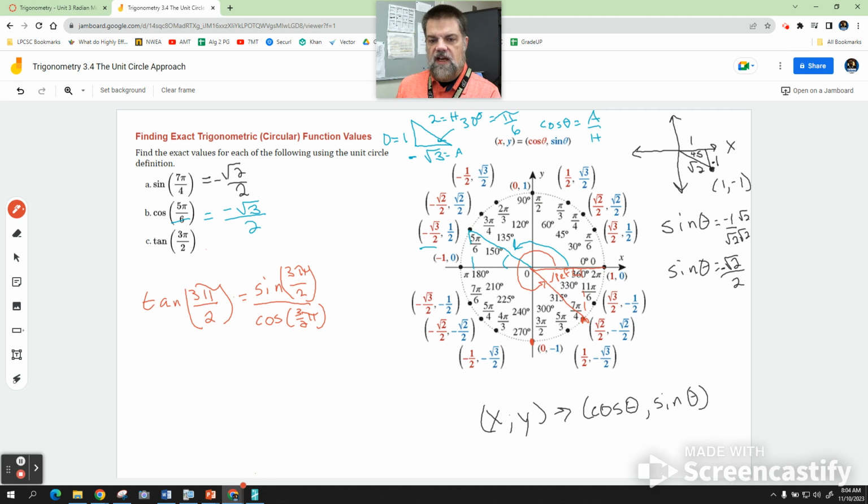So remember that your x value is cosine, so this is 0. We're going to double check this on a calculator. So this is 0, and then our sine value is negative 1. So tangent of 3 pi over 2 is actually undefined. Okay?